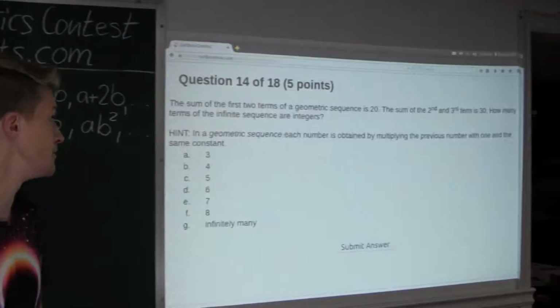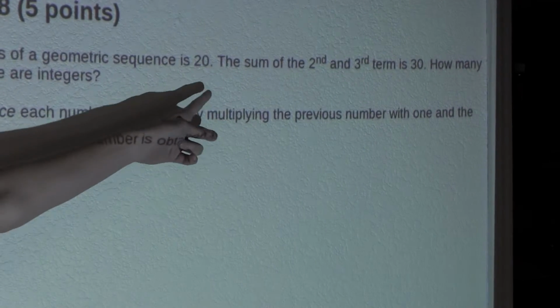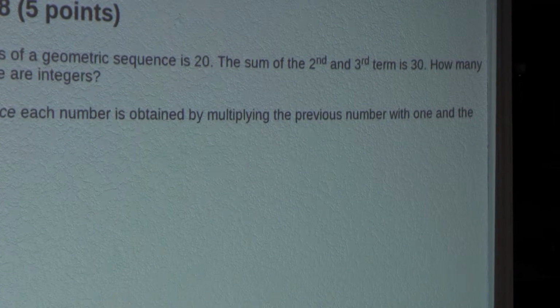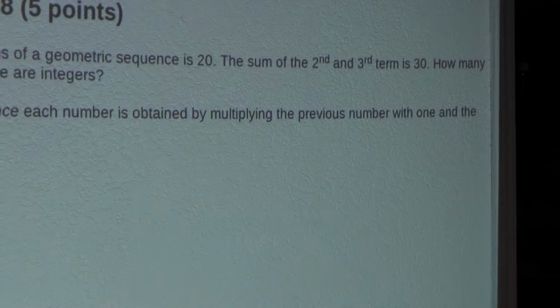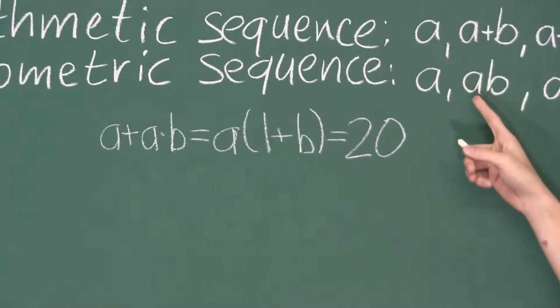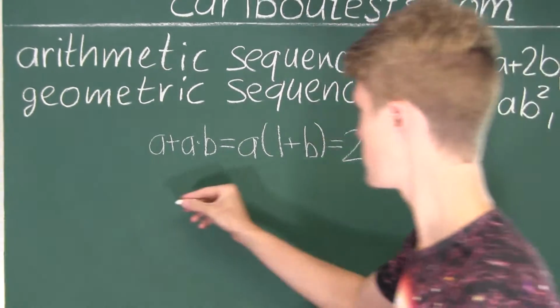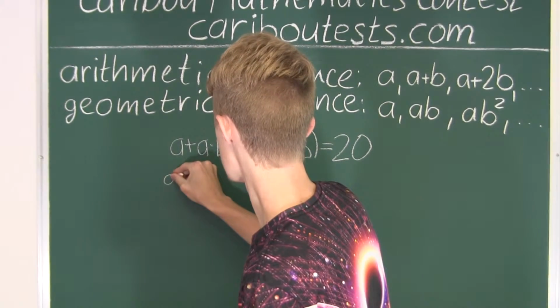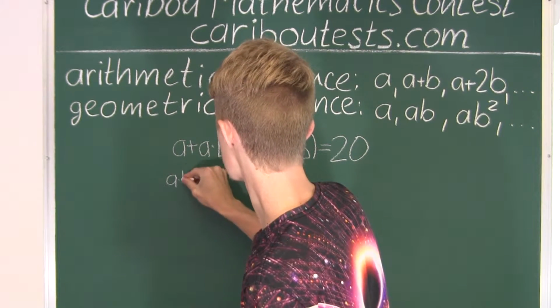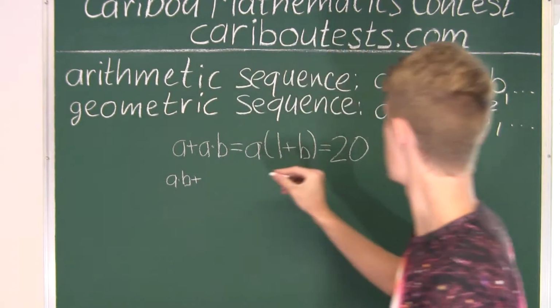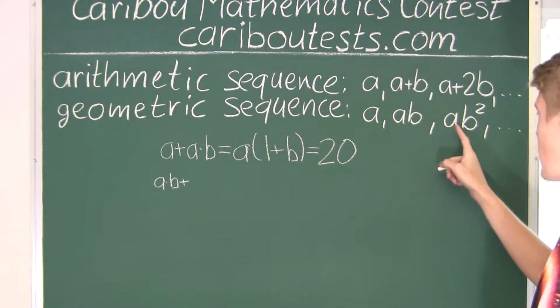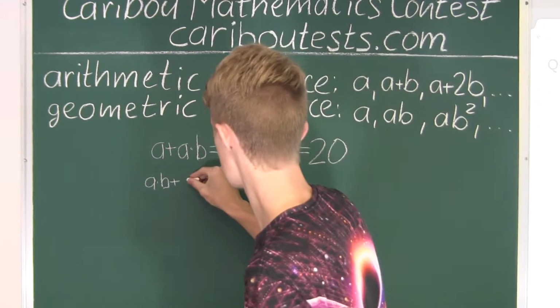Alright, next we know the sum of the second and third term is 30. So the second term is A times B, plus A times B squared.